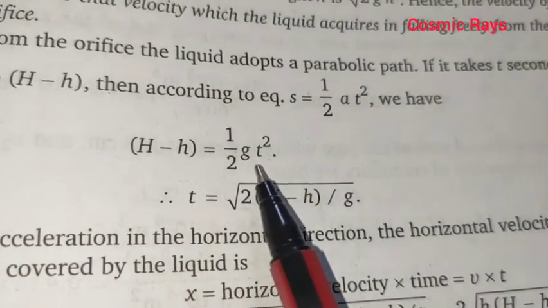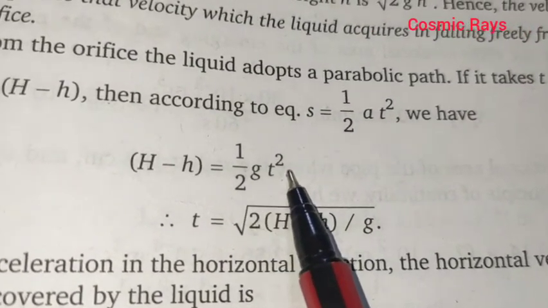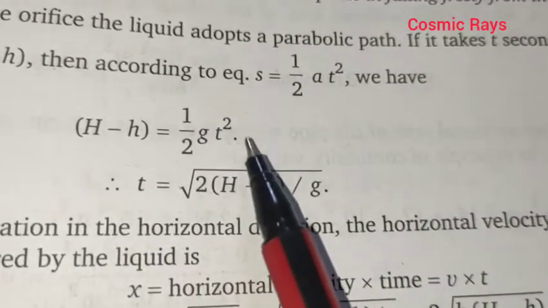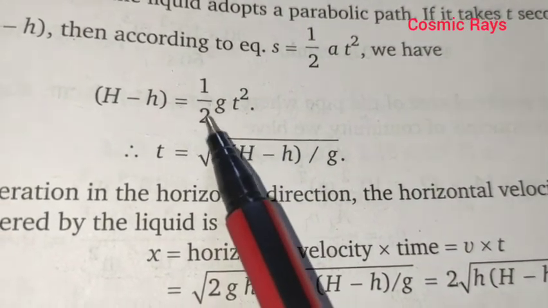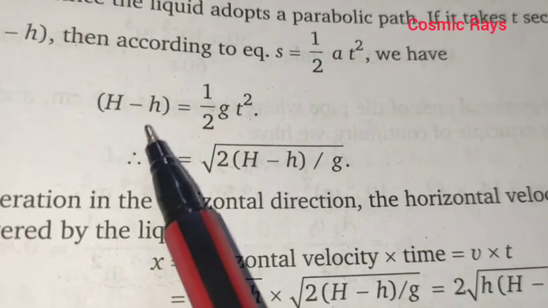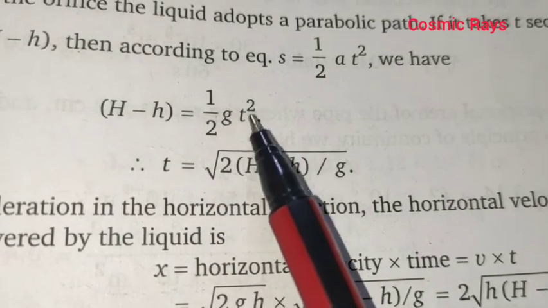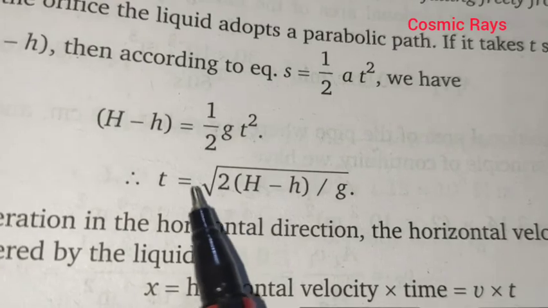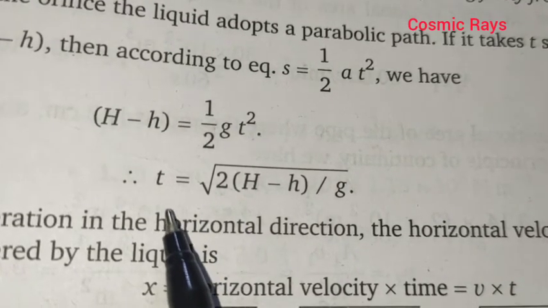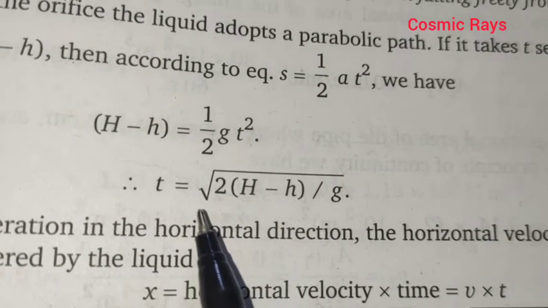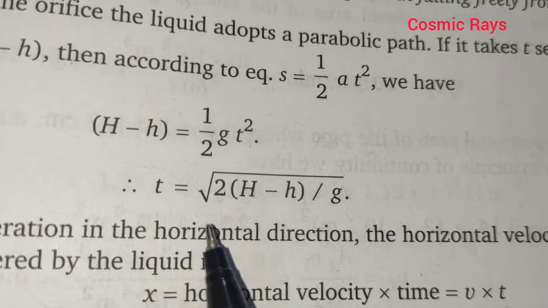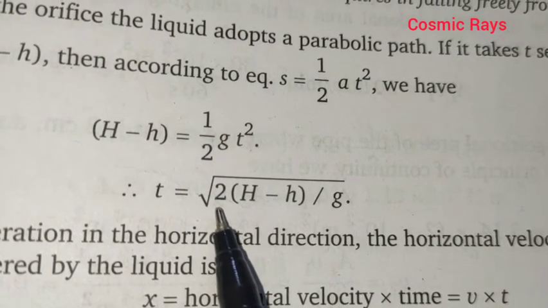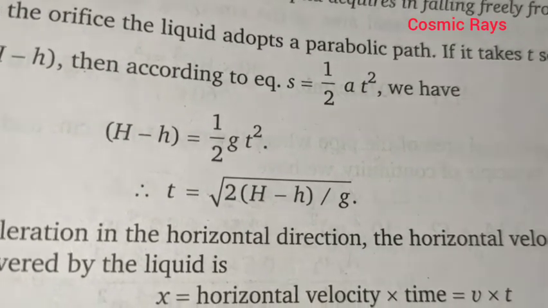So instead of S we are writing H minus h is equal to half g t square. Now to find out t, 2 will be multiplied this side, g will be divided, and since this is square, we will have a root. So this is the time, and time is equal to root over 2 times H minus h upon g.